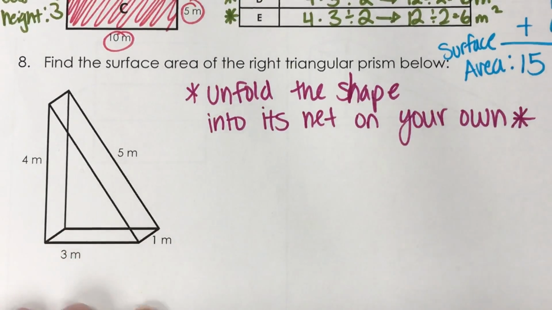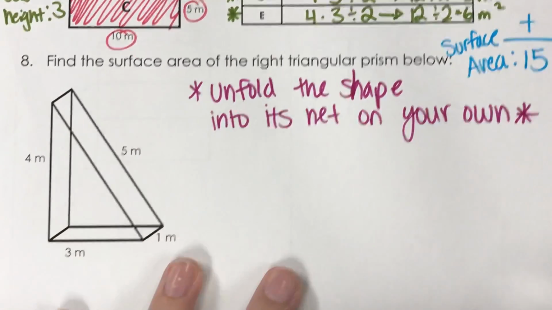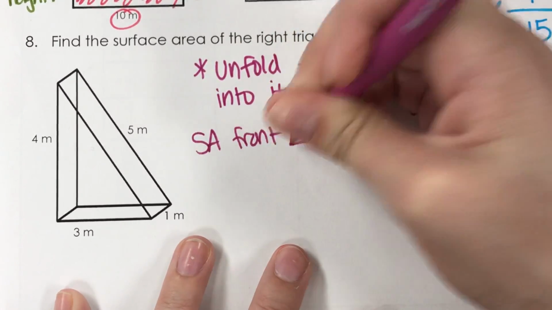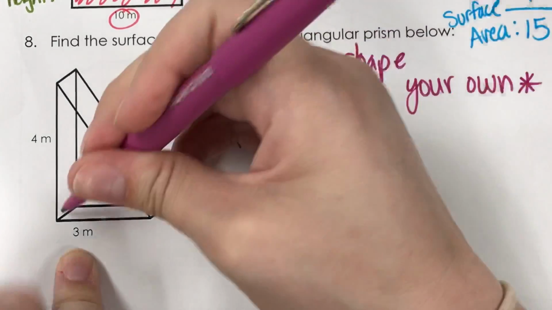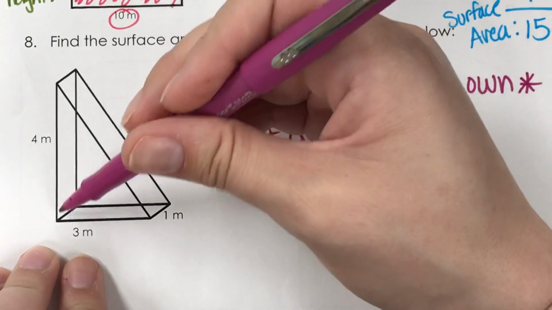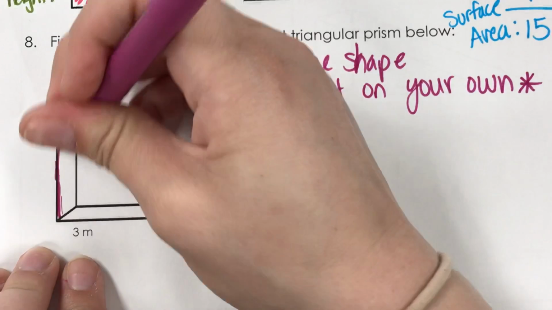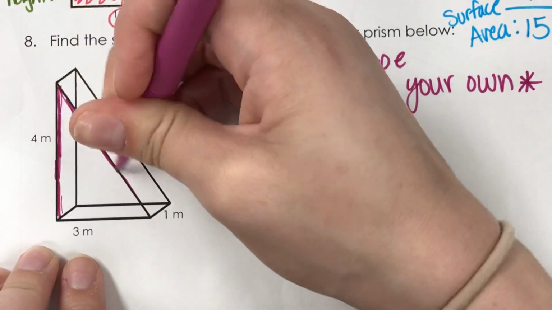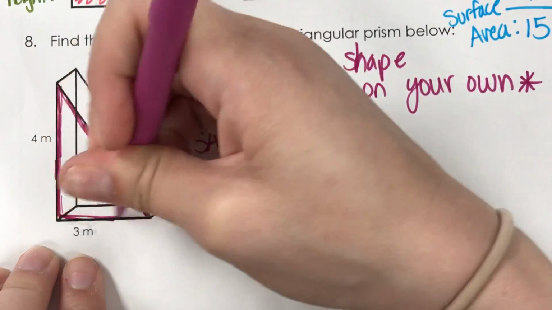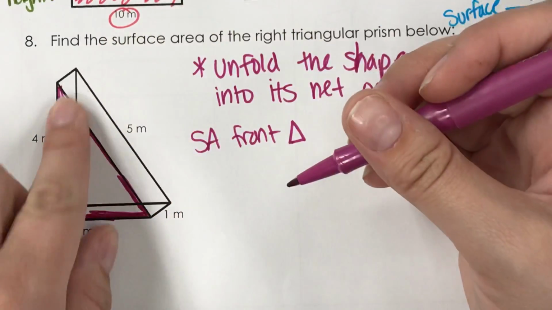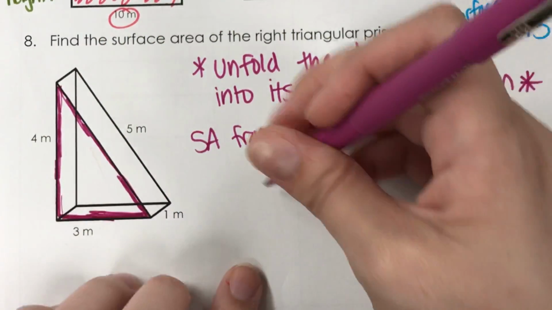But right now what I need to do is I first want you to find the surface area of the front triangle, which I'm going to go ahead and color. I'm talking about this triangle right here. Sorry. Make it a little darker. So I'm going to set it up. I'm talking about this front triangle that I outlined in pink.